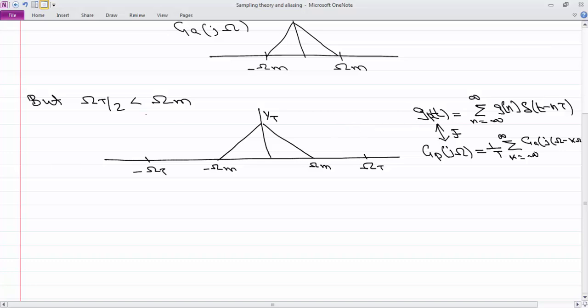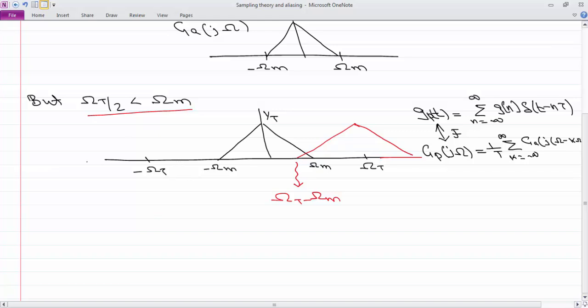In this case, since we are not satisfying this criterion, the endpoint of this copy, this should be symmetric, the endpoint omega t minus omega m will cross over into your first copy.